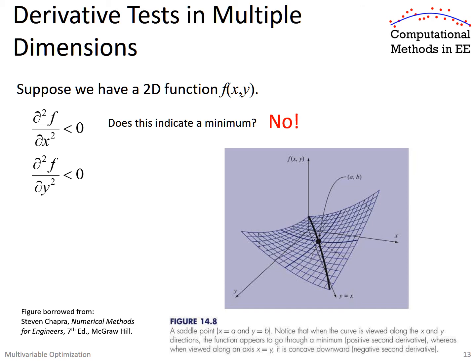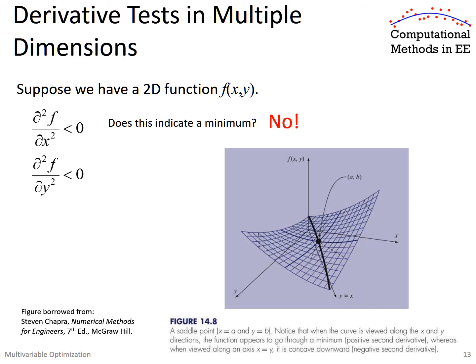The graph that I'm showing here, borrowed from the textbook, think of that as being shaped like the saddle on a horse. If we were to look at the very center of the saddle, right where your butt would sit down, we call that the saddle point. If we're sitting at the saddle point, if we took those two partial derivatives, both would be less than 0.